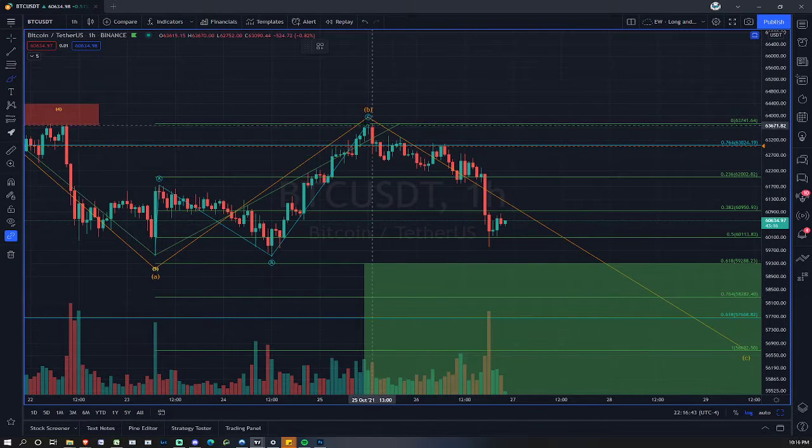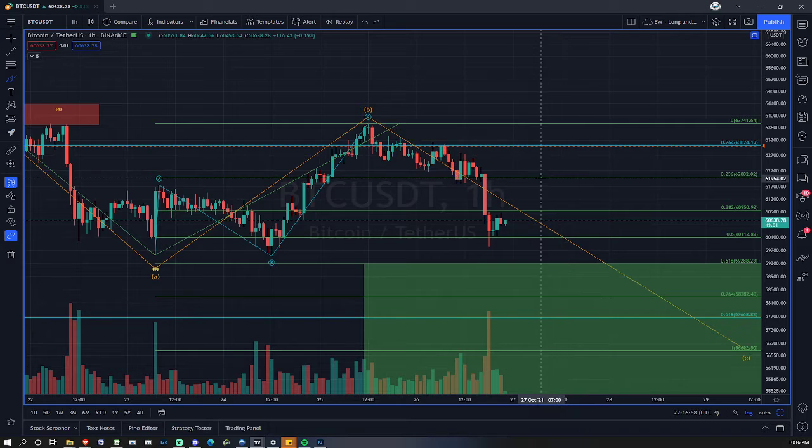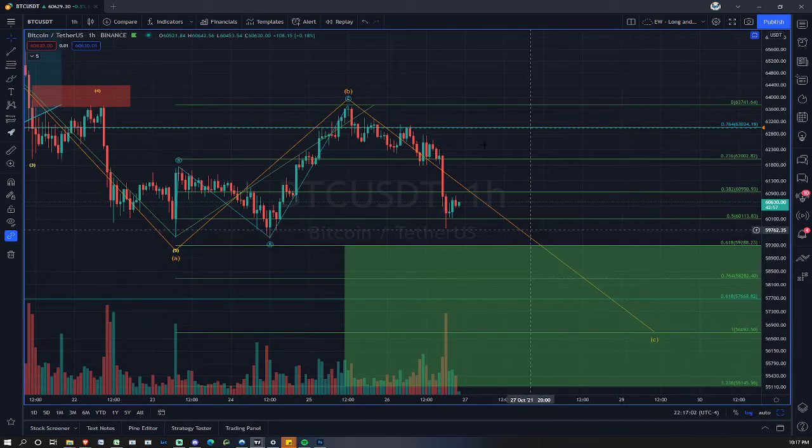this action here very much looks like 1, 2, 3, 4, and 5 in a diagonal. So I think that's our leading diagonal 1. This action right here was our 2, and now we're proceeding downwards. And we should see a full 5 waves down in this C wave here.